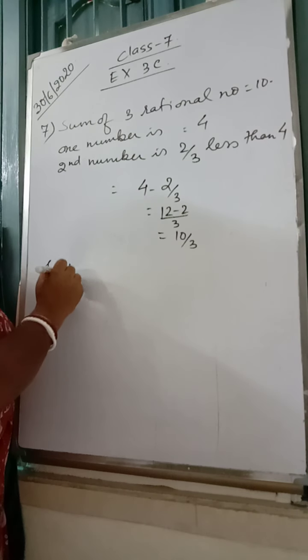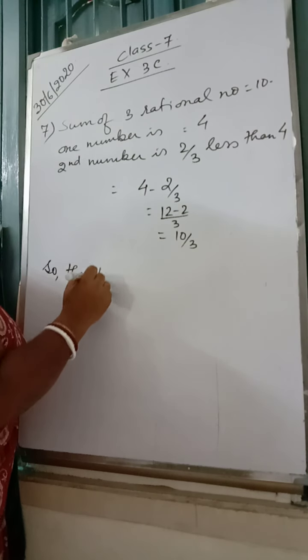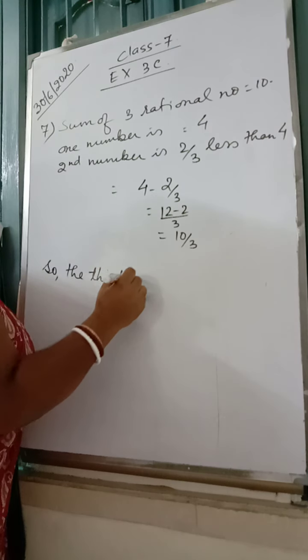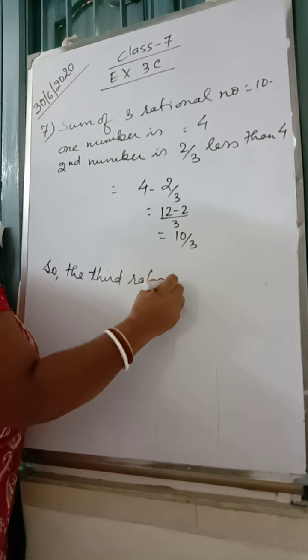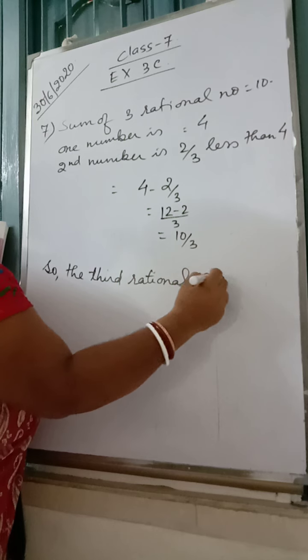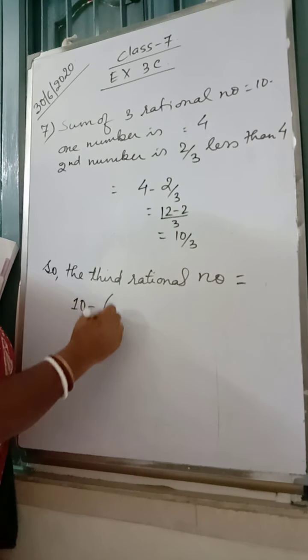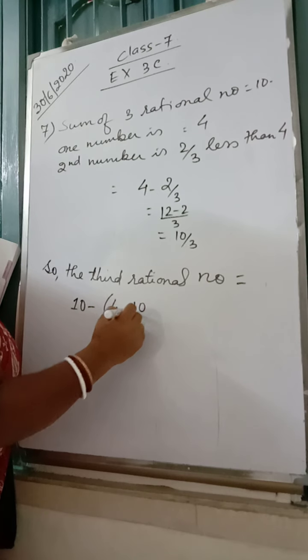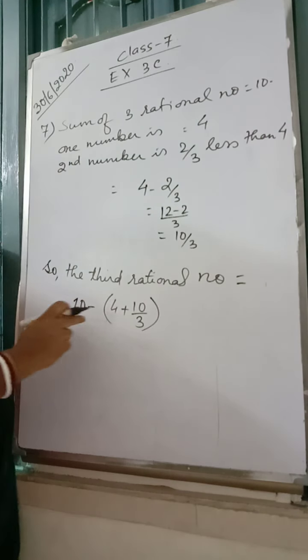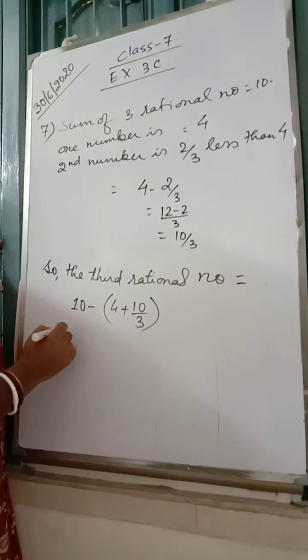So the third rational number is equal to 10 minus 4 plus 10/3. It will be the sum of these two subtracted from the total sum.